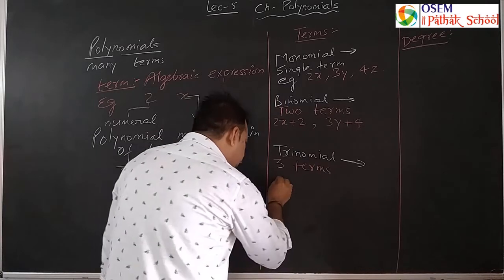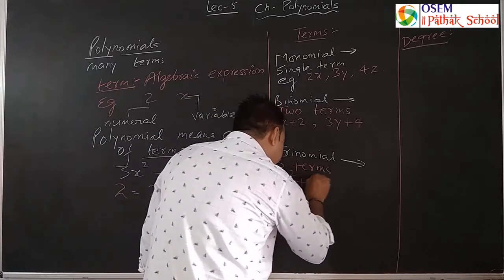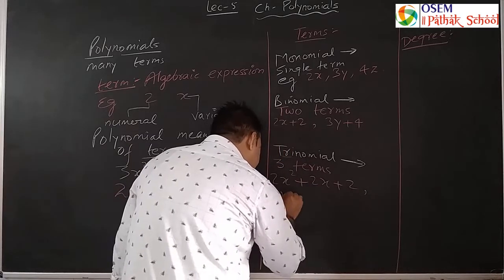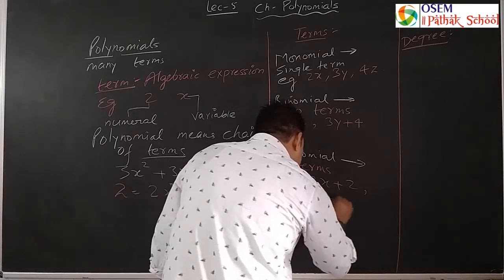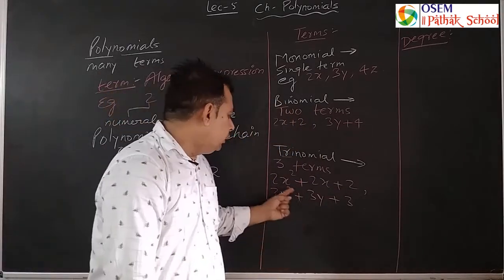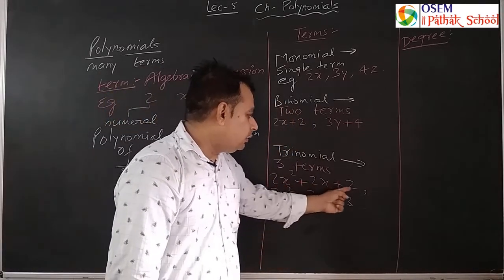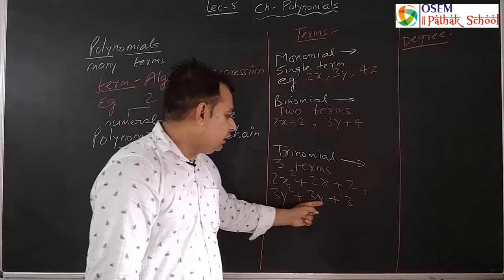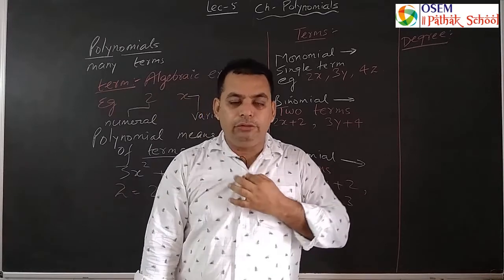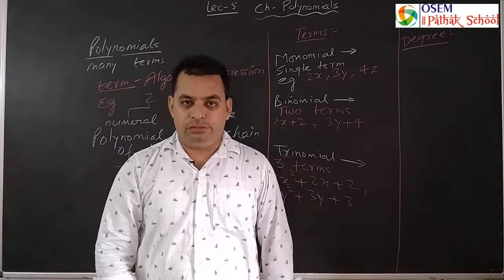So it can be in the form of 2x square plus 2x plus 2, or 3y square plus 3y plus 3. Clearly you can see here the first, second and third term. So it becomes a trinomial. Trinomial means having three terms.